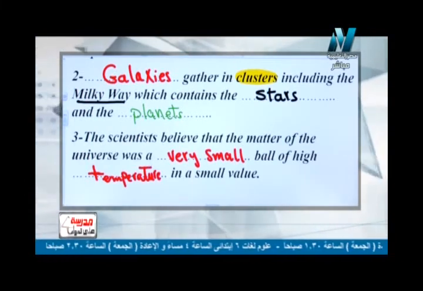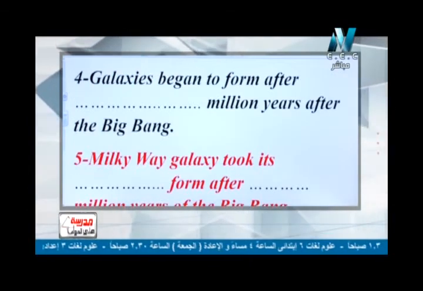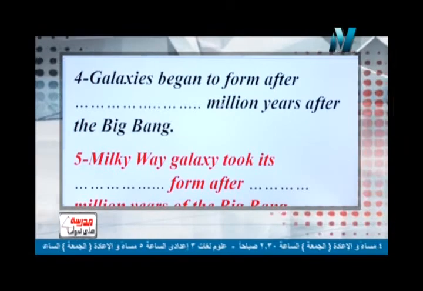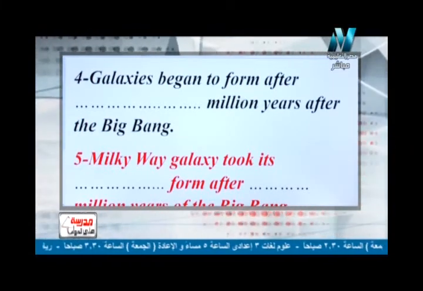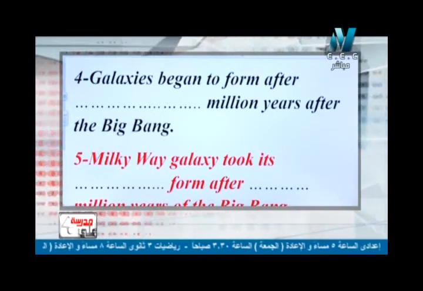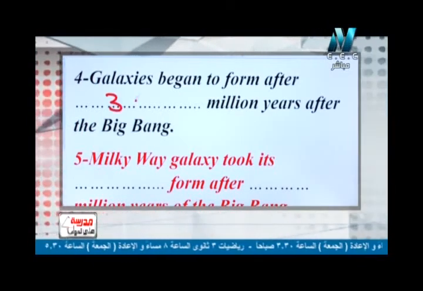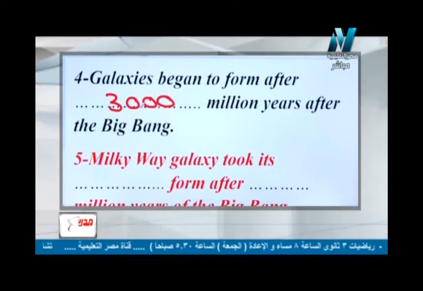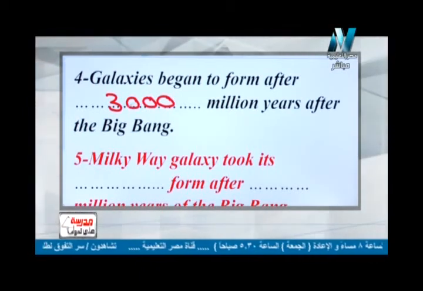Okay. Next question: galaxies began to form after how many million years after the Big Bang? We must remember that the galaxies formed after 3,000 million years. If he says the Milky Way galaxy, then 5,000 million years.